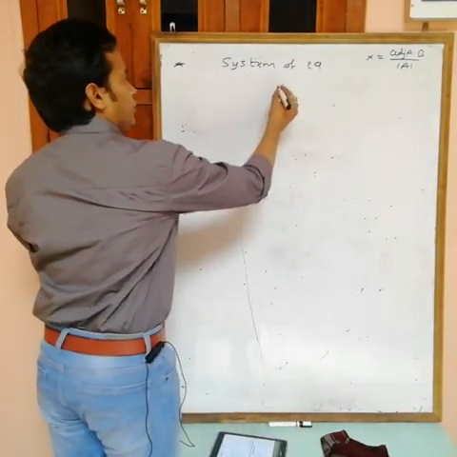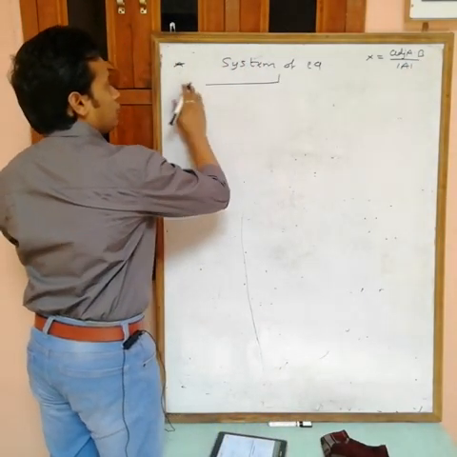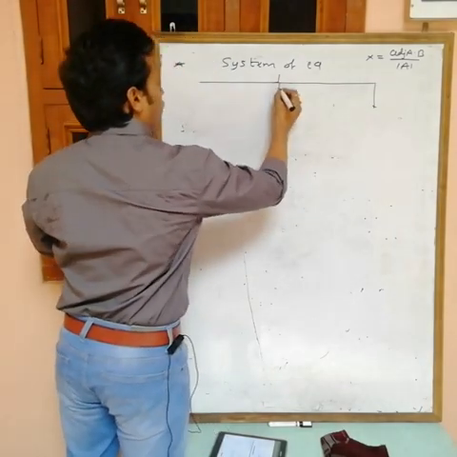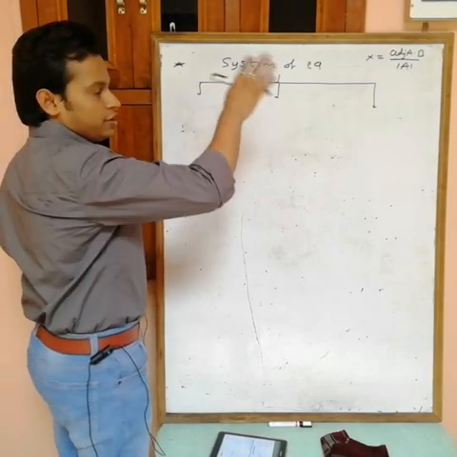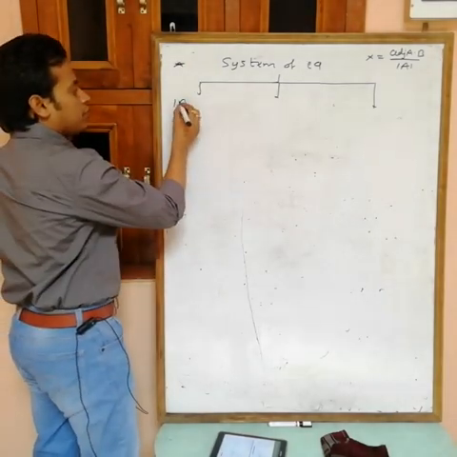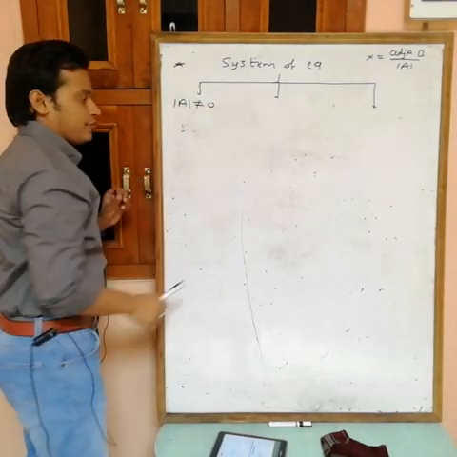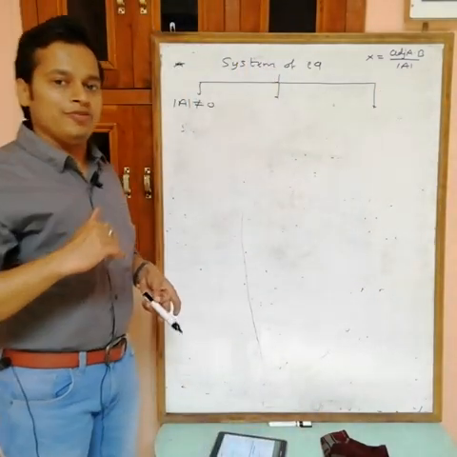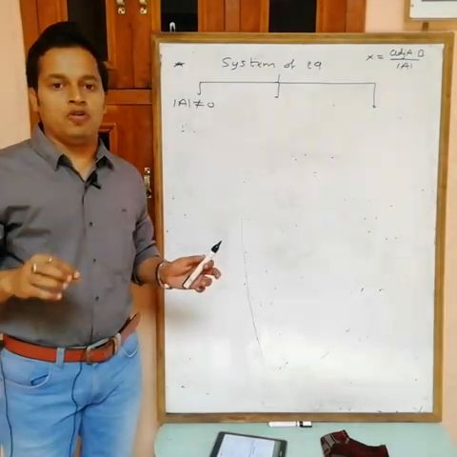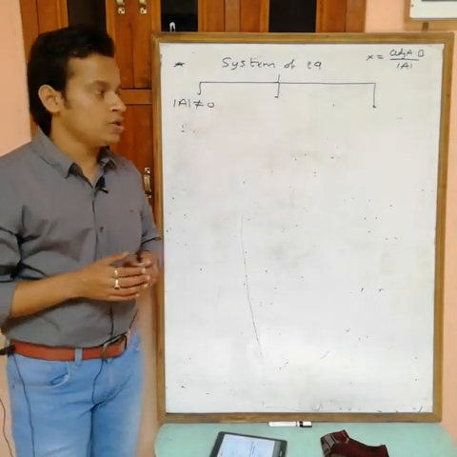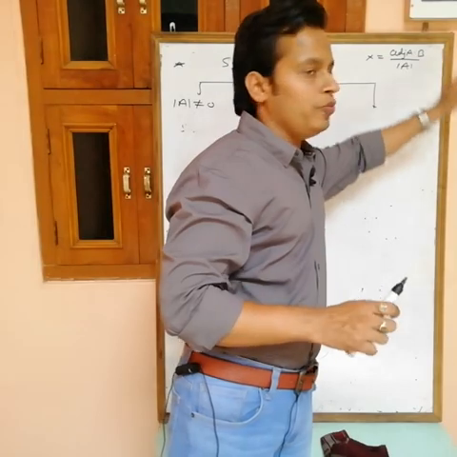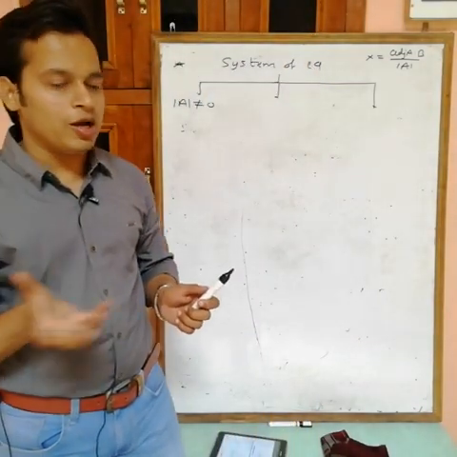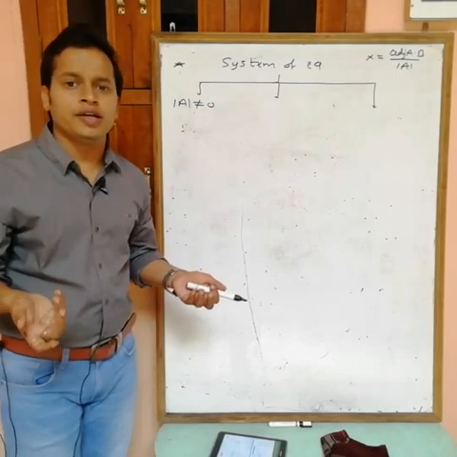Now see, the number of solutions initially depends on the value of the determinant of A. If the determinant of A is not equal to 0, then in the denominator we have a non-zero value, so no problem, you will always get a unique matrix. Adjoint A into B is always defined, and dividing by any non-zero value, we get a unique matrix.